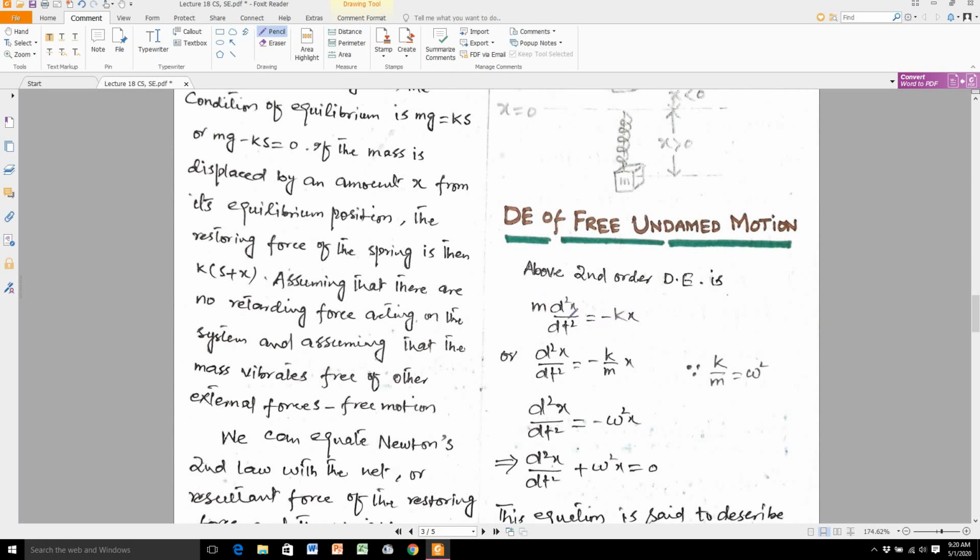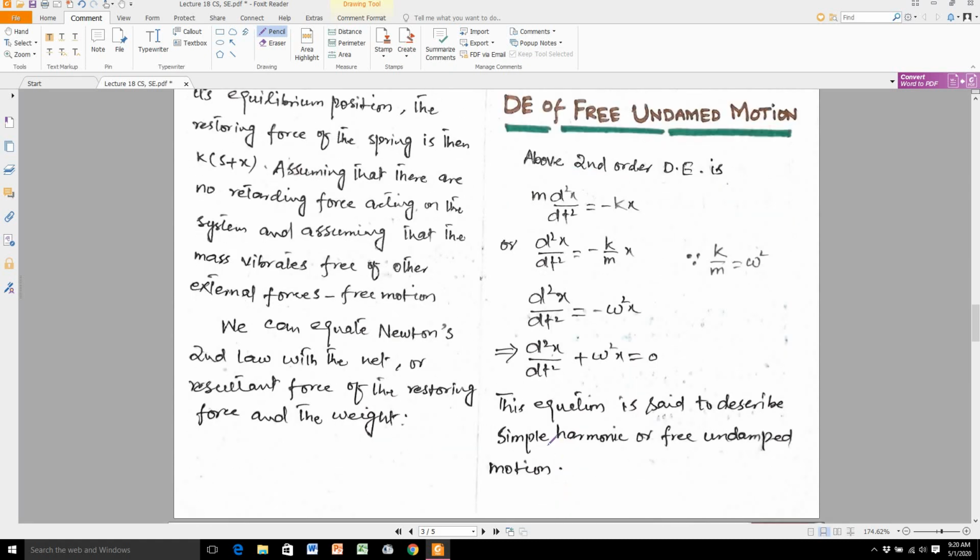Dividing by m, d squared x over dt squared is equal to minus k over m into x, and you know that k over m is equal to omega squared. Substituting, it becomes d squared x over dt squared is equal to minus omega squared x, which implies d squared x over dt squared plus omega squared x is equal to 0. This equation is said to describe simple harmonic motion or free undamped motion.